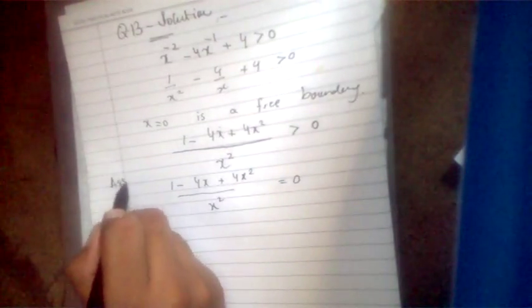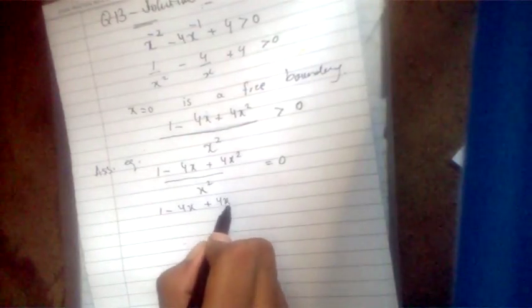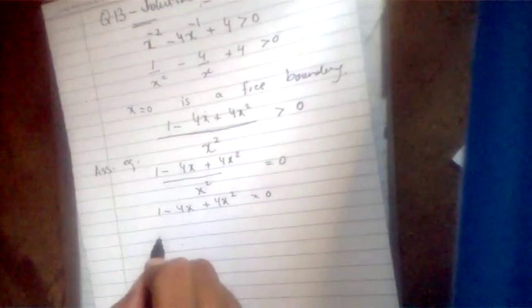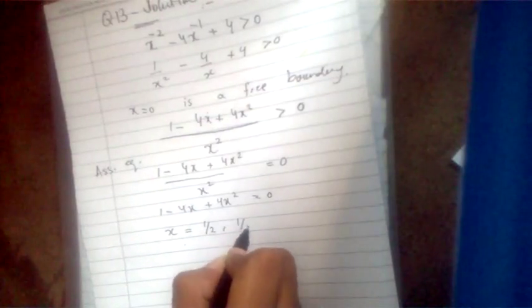This is your associated equation. And from here you will get, by multiplying both sides by x square, 1 minus 4x plus 4x square is equal to 0. You will have to make use of quadratic formula to solve this equation, and you will get x is equal to 1 by 2 and 1 by 2.